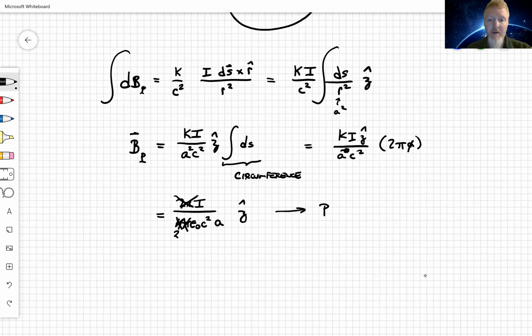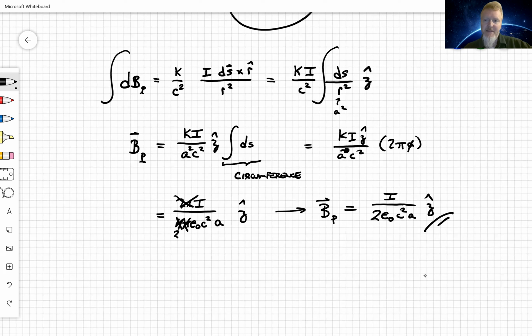So eventually what we've got here is 2 epsilon naught. Okay, so there's that. So that's the field created at the center of the circle.